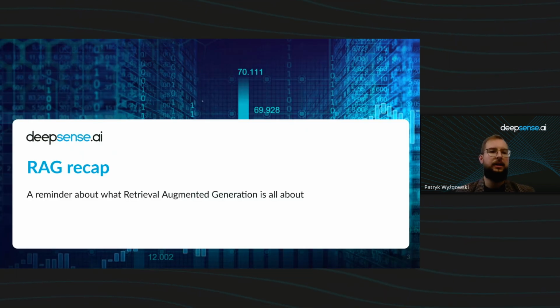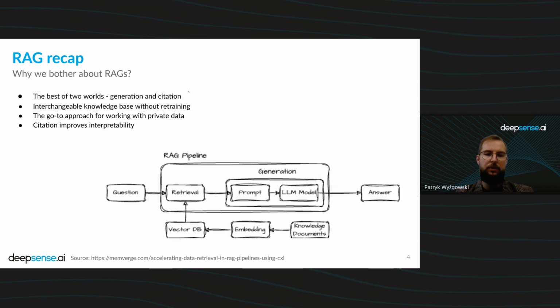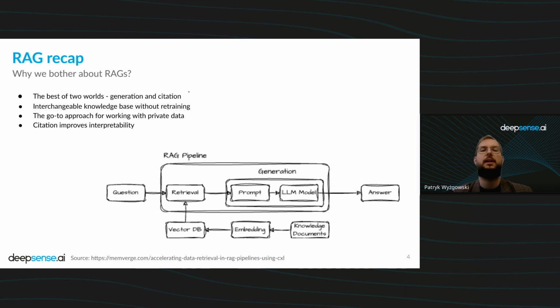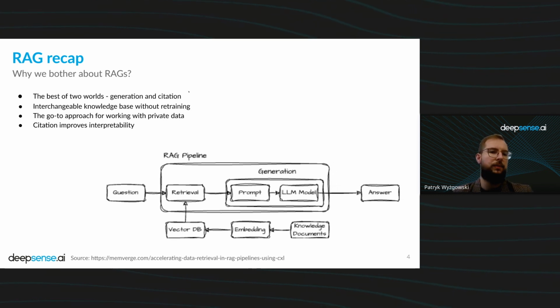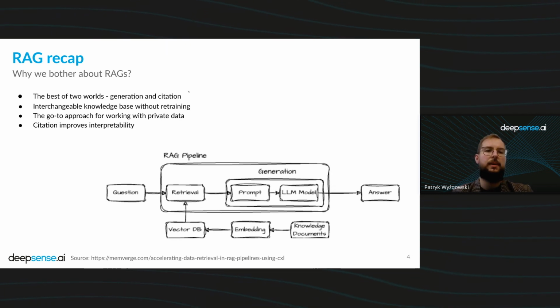Right, so let's jump quickly to a recap of retrieval augmented generation. As you may know, retrieval augmented generation provides the best of two worlds: the world of generation, as we have with LLMs, and also citation. The general idea is that because knowledge changes rapidly, and we usually want to interact with our private datasets, we wouldn't like to train the model once again and fine-tune it somehow.